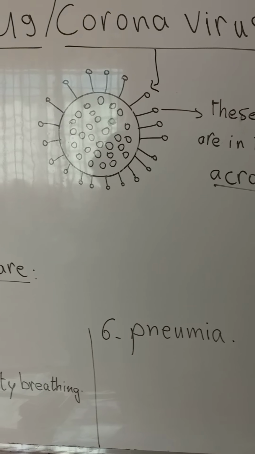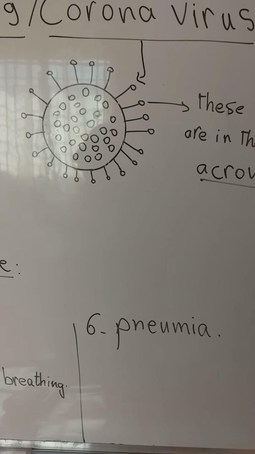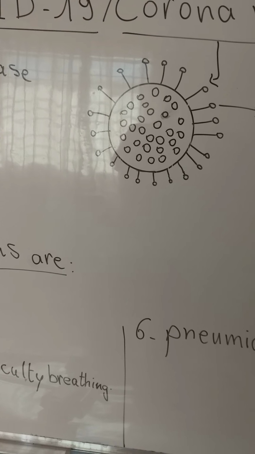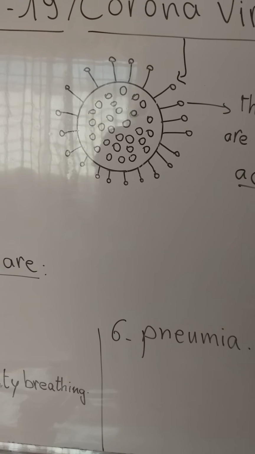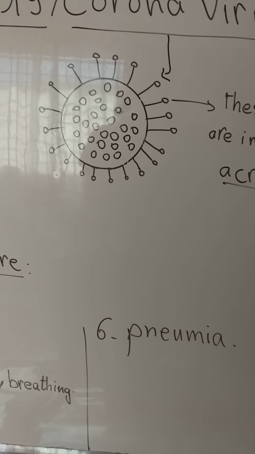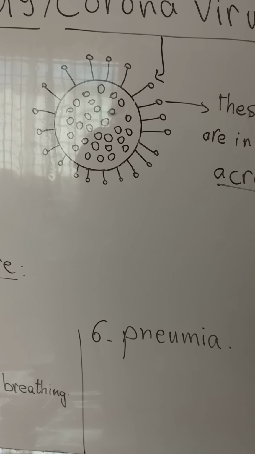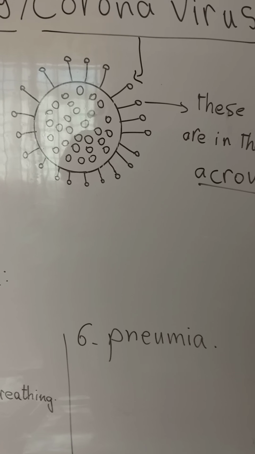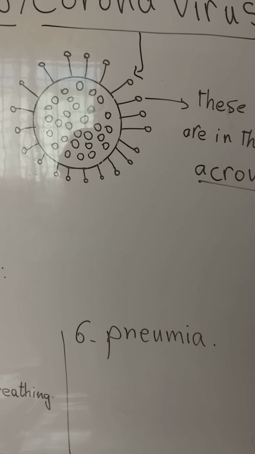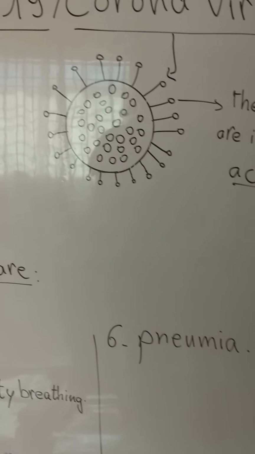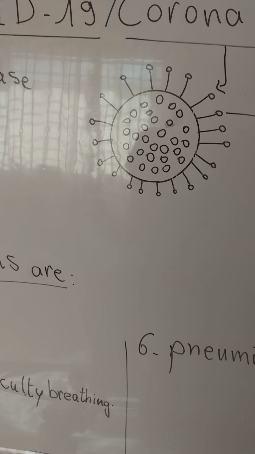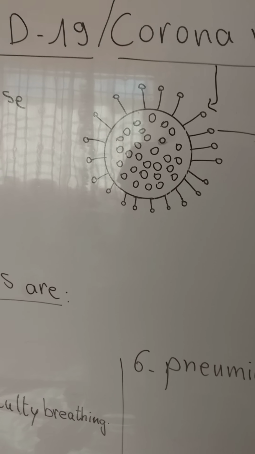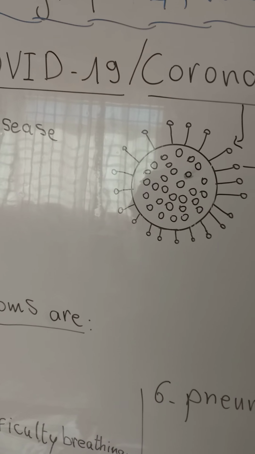So, the name of the disease is COVID-19. The WHO announced at the end of 2019 an official name for the disease causing this current pandemic, which is COVID-19. Okay? The WHO, of course, is an abbreviation of World Health Organization.